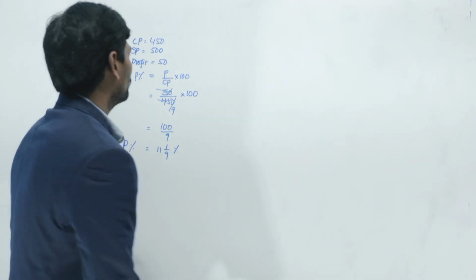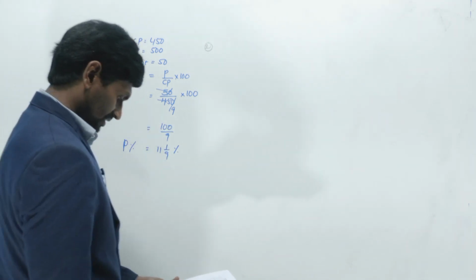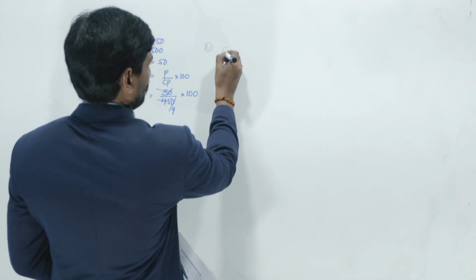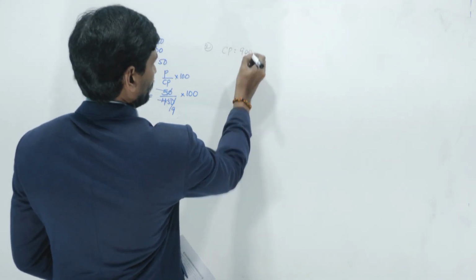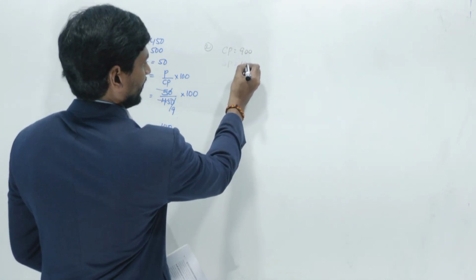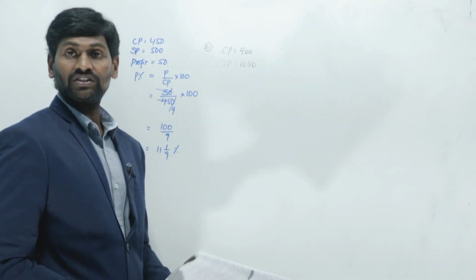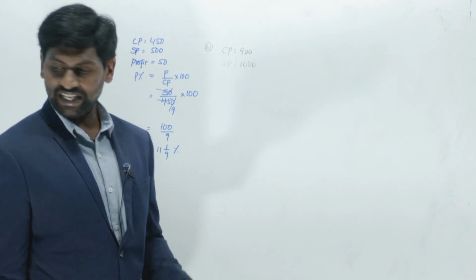Okay, now let us go to the next problem. The second problem: if a cycle is bought for 900 rupees, so cost price is 900 rupees and selling price is 1080 rupees. We need to identify the gain.